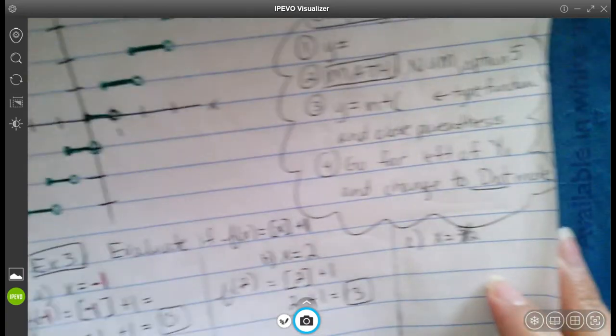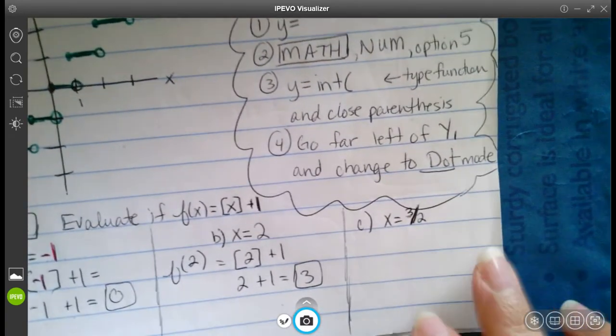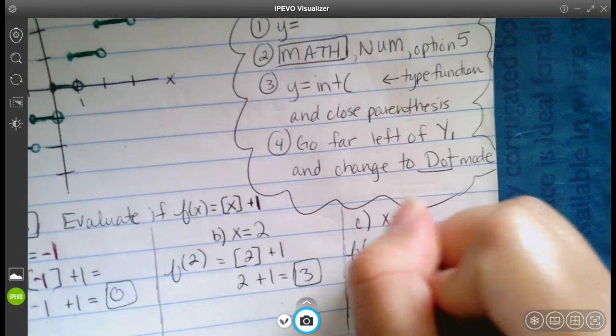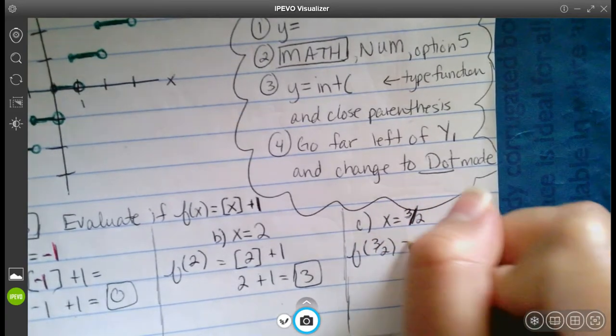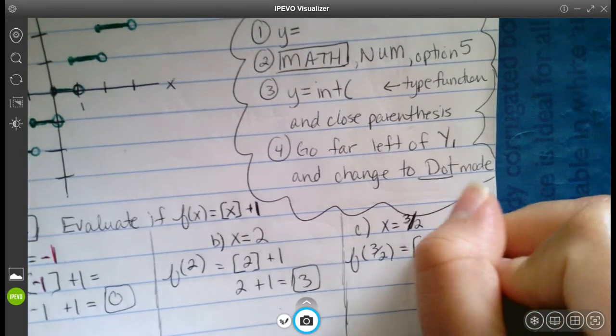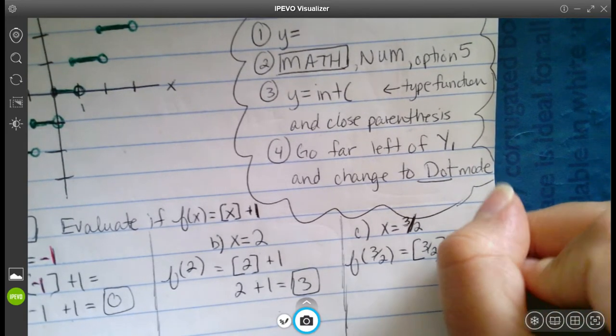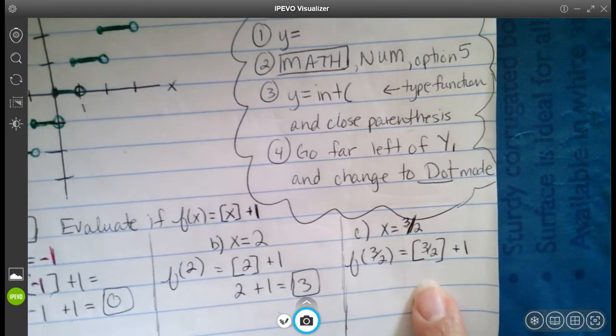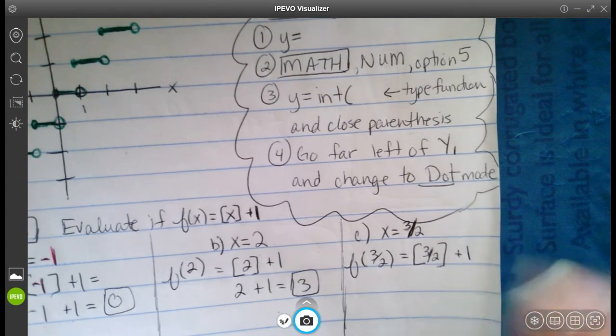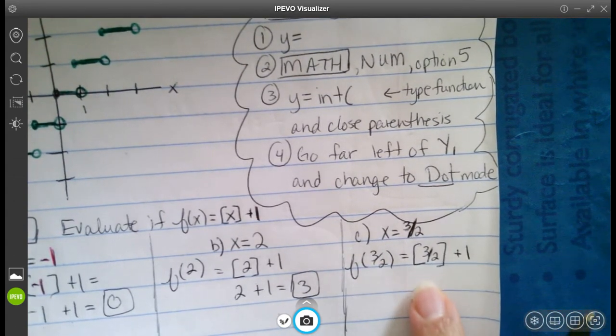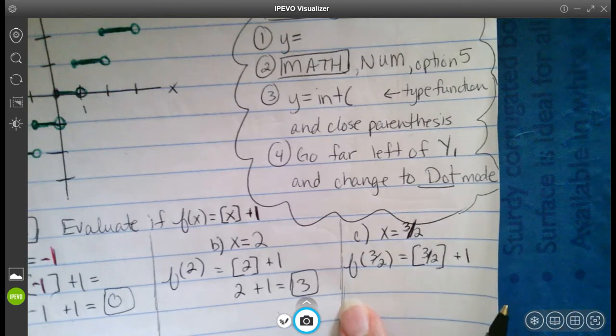And last but not least, we do have a fraction because we know how much we love those. So f of 3/2, okay, is equal to, I'm going to put my 3/2 in the little box, okay, plus 1. At this point, if you want to change this to a decimal, you can because, remember, you have to know what integer is to the left of it.